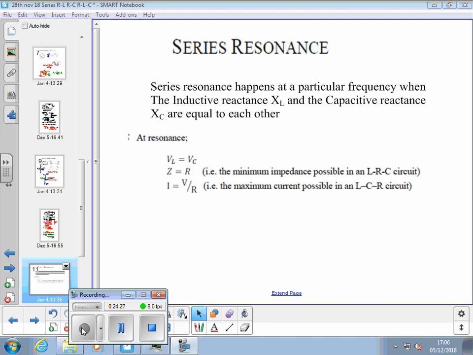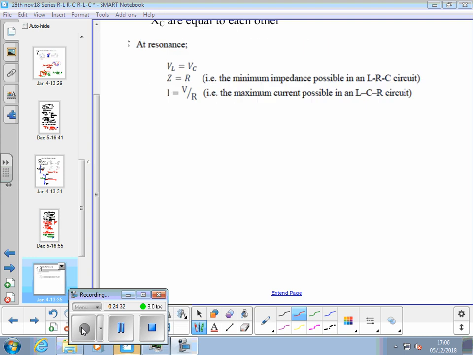Because if we look at our impedance phasor, we've got XL and XC of equal length. Therefore, XT is equal to nothing.